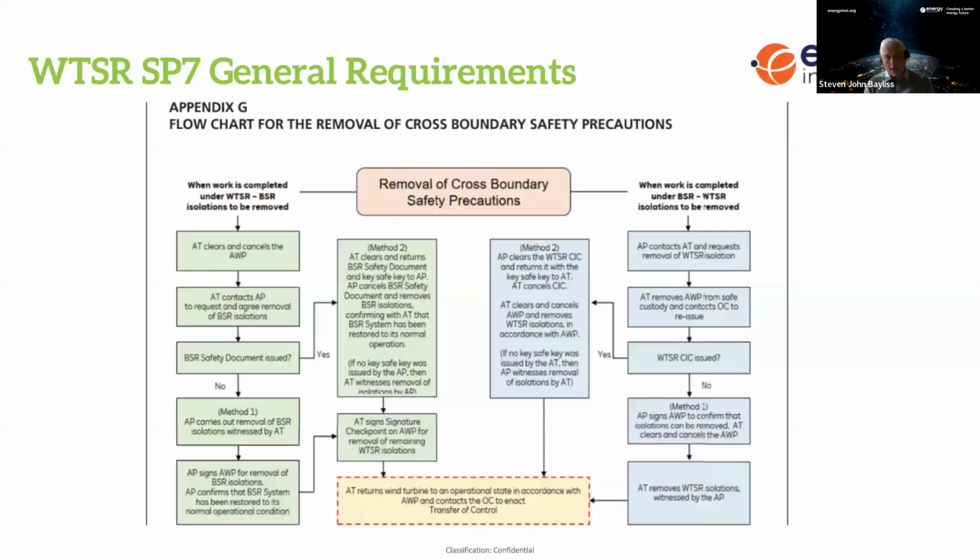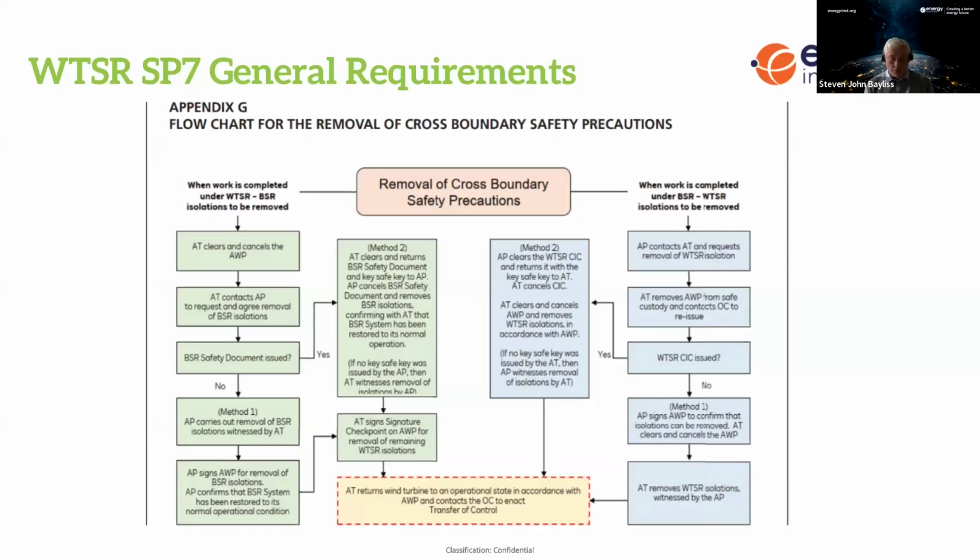So this next slide here would be the flowchart for the removal of the cross-boundary safety precautions. Again, it's colored green and blue to define what we're actually doing. So again, it's critical in 5.2 of the document that the AE and the AP shall agree on the process for this.